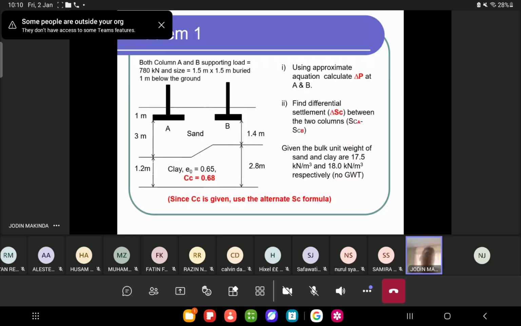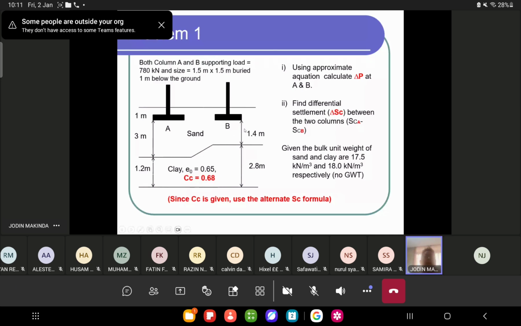Look at this figure. In this figure, there are 2 columns, column A and column B.